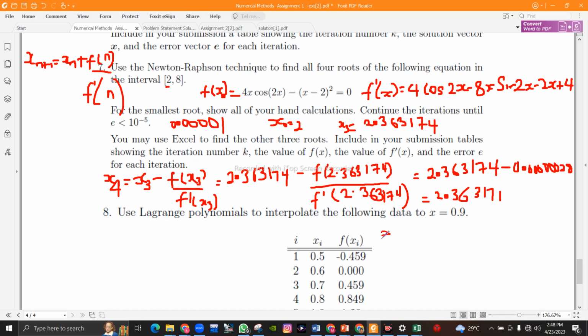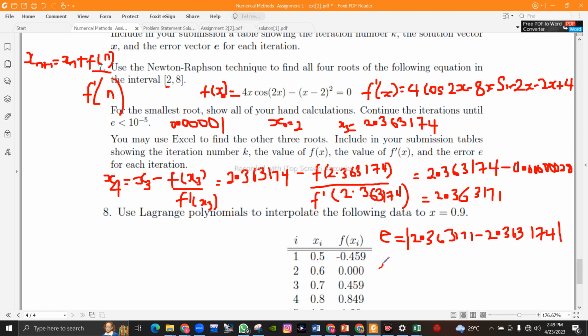Now the error here is the absolute value of the new value, which is 2.363171 minus 2.363174. Let's check what that will give us.